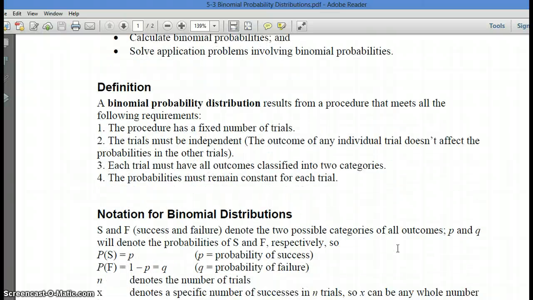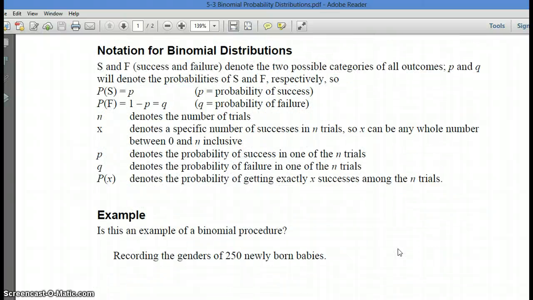So there's some notation for probability distributions. Once again, we have two possible categories for outcomes, success and failure. The probability of a success is P, and the probability of failure is 1 minus P. In your textbook on HLS, they don't use Q, but in some other textbooks they use Q. Because there are only two outcomes, the probabilities are complementary to each other.